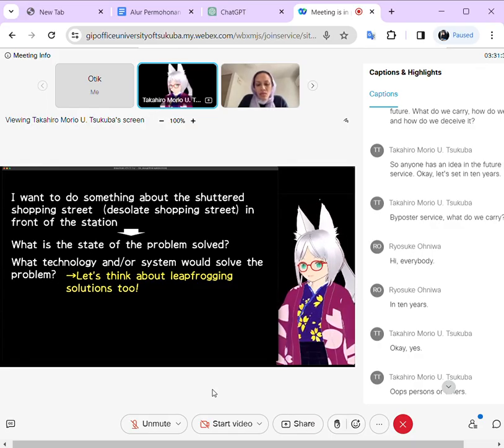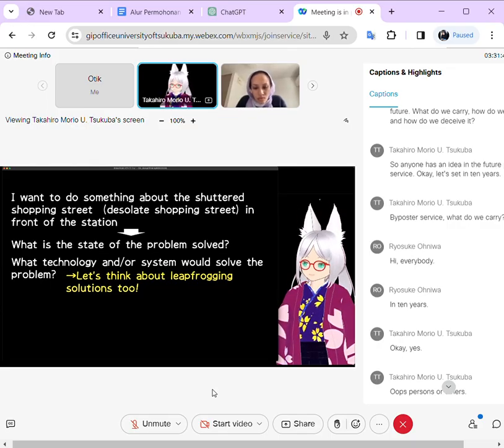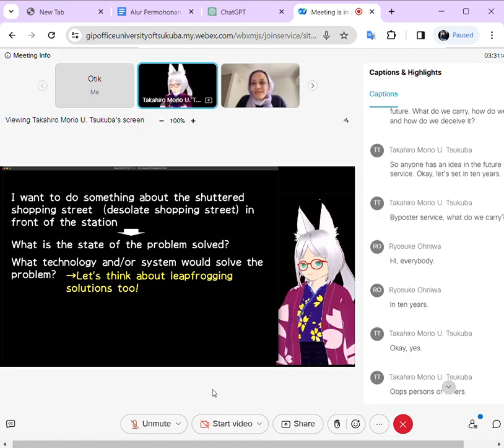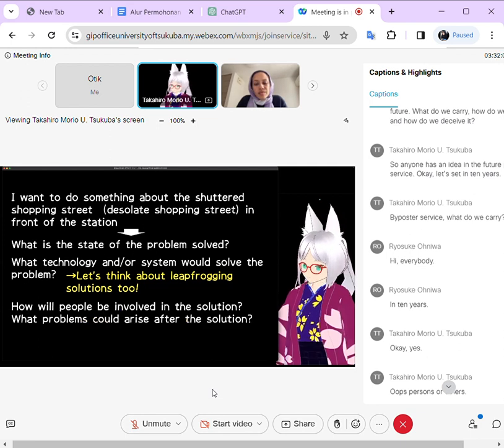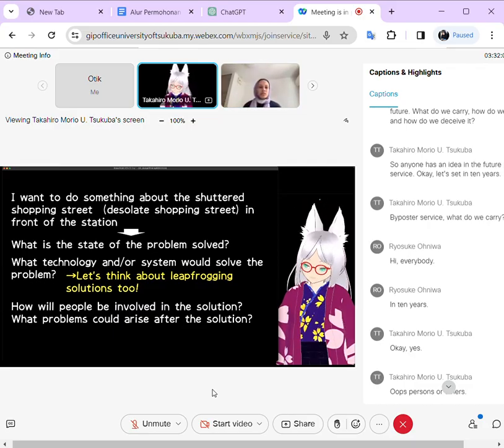For example, make the shuttered shopping street float and go around in the sky to develop a new shopping street and so on. And how will the people be involved in the solution, and what problems could arise after the solution?